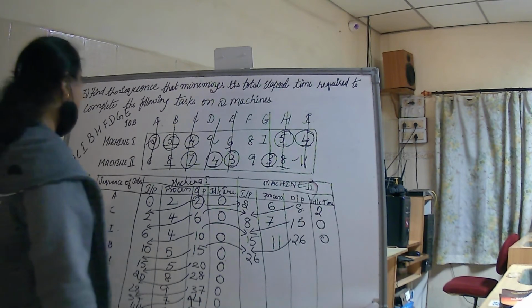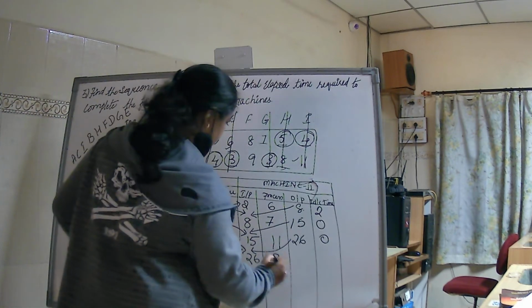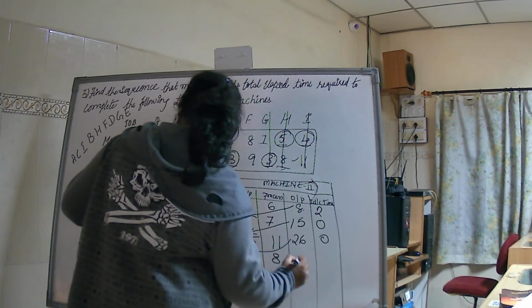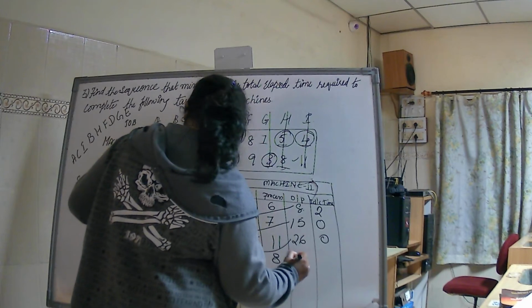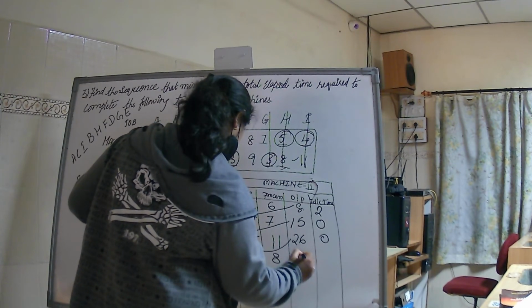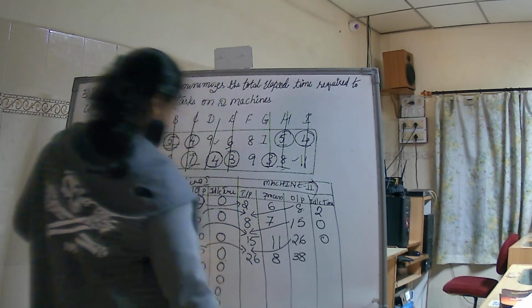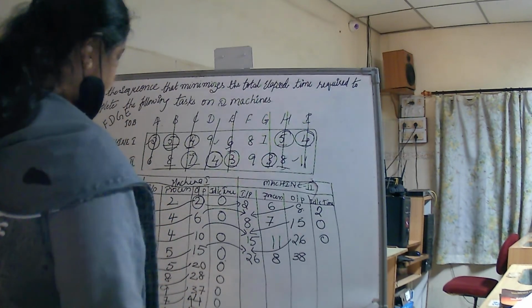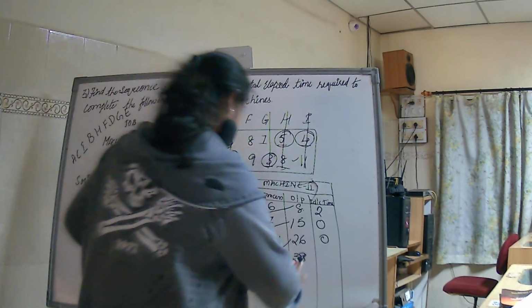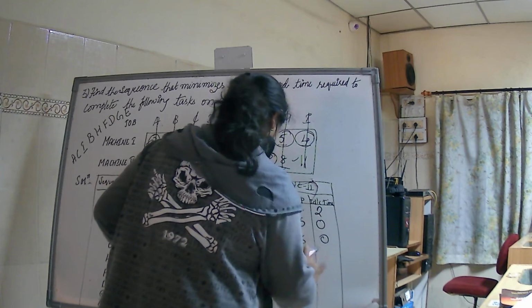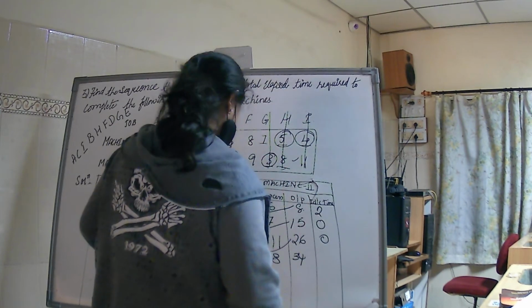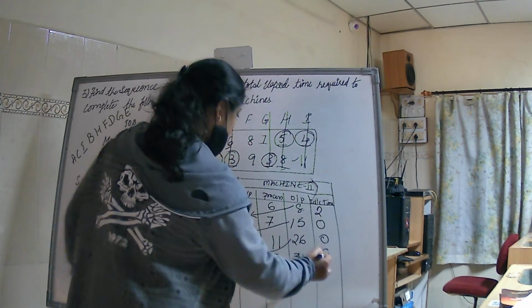Here the value for B, machine 2, is 8. So 26 plus 8 will give me 38. Okay students, sorry, 34 students, I'm sorry, 34. Then idle value will be 0.